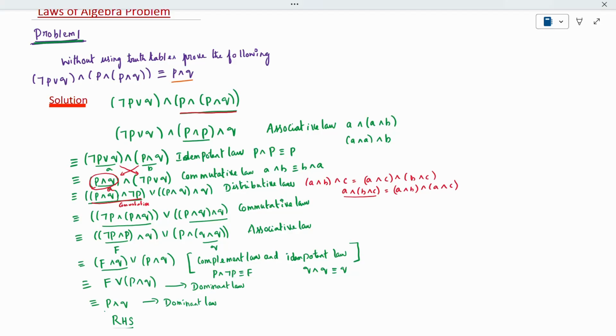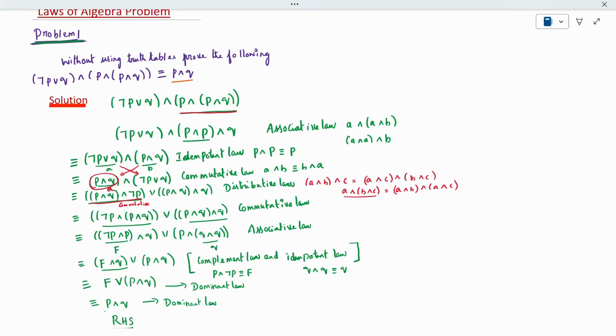If I change, negation P conjunction P is nothing but F, using the complement law. See, I have written using complement law. In the same way, Q conjunction Q gives the same Q only. It is called the idempotent law.